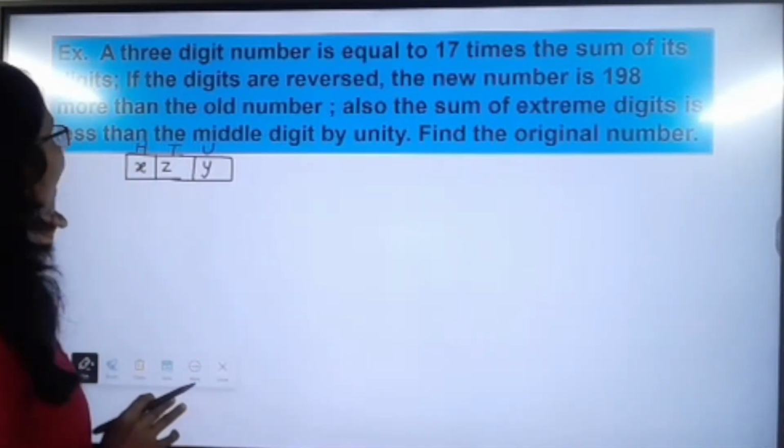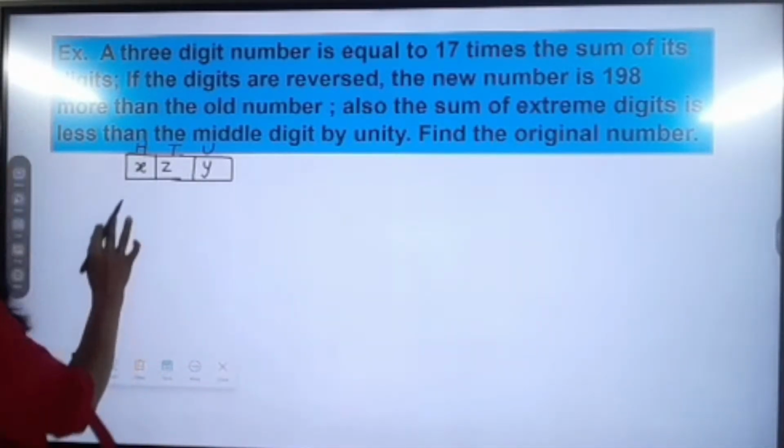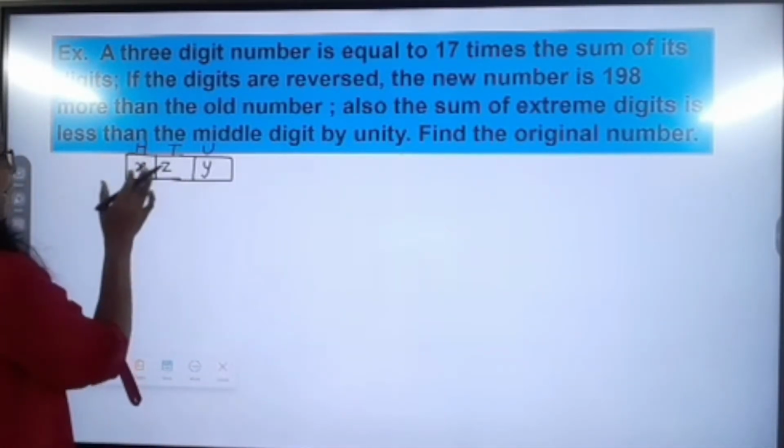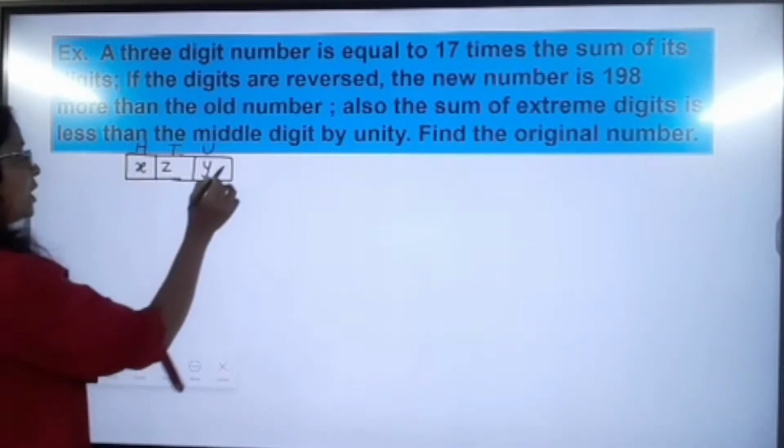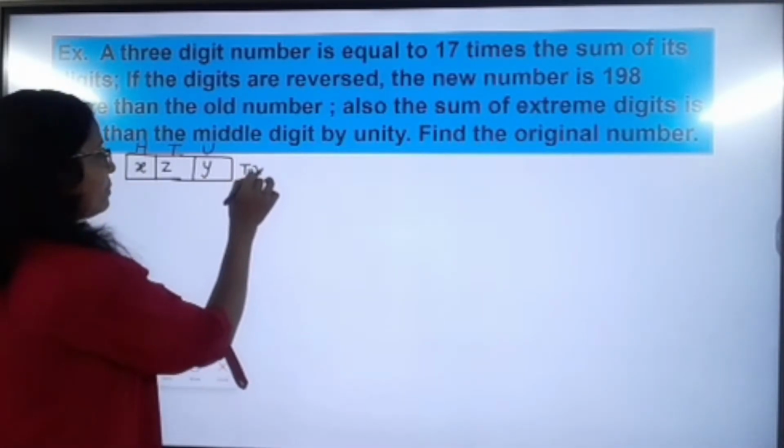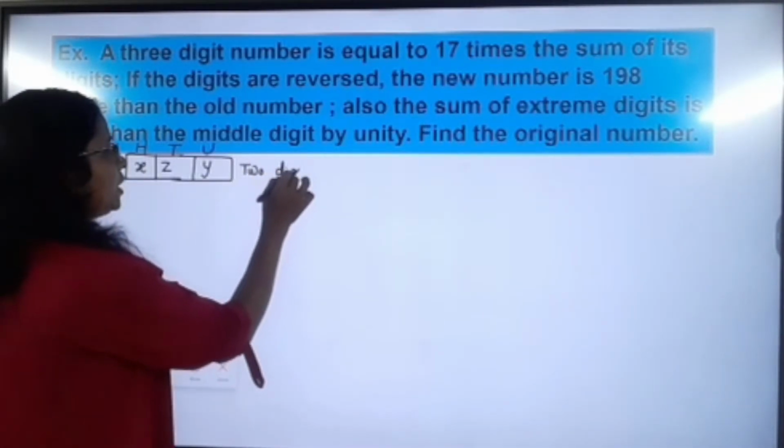Now, students, how can we make out the 3-digit number?